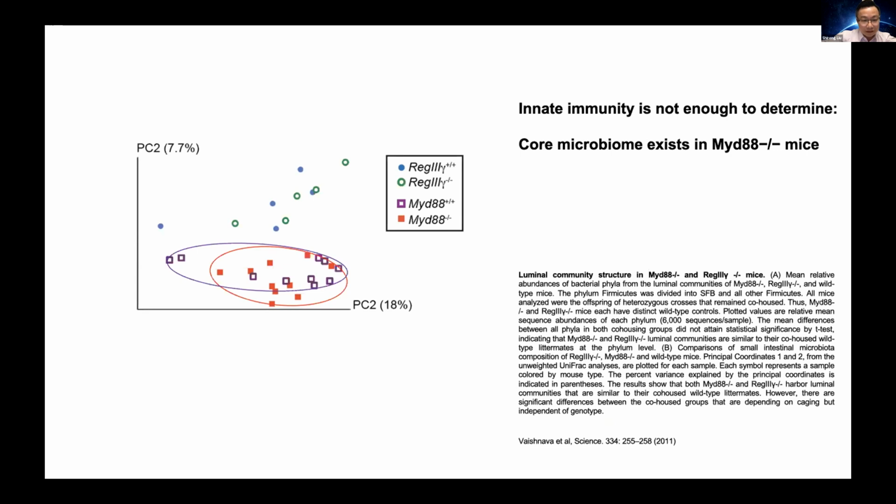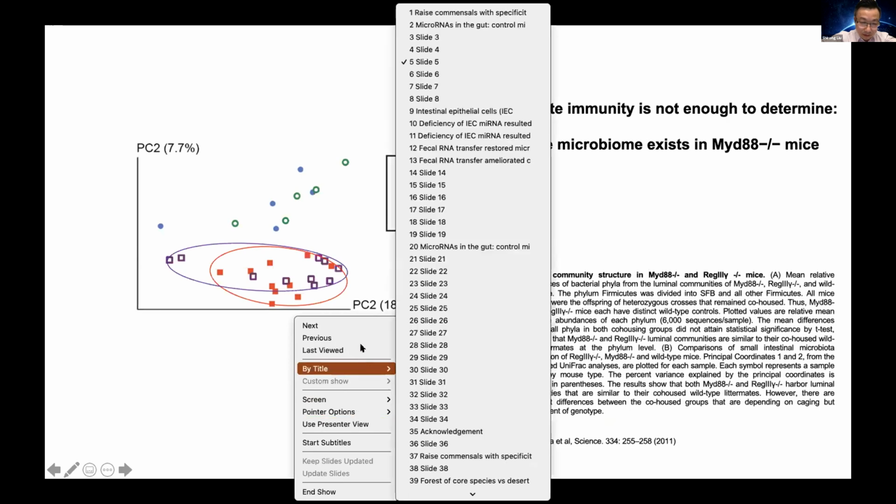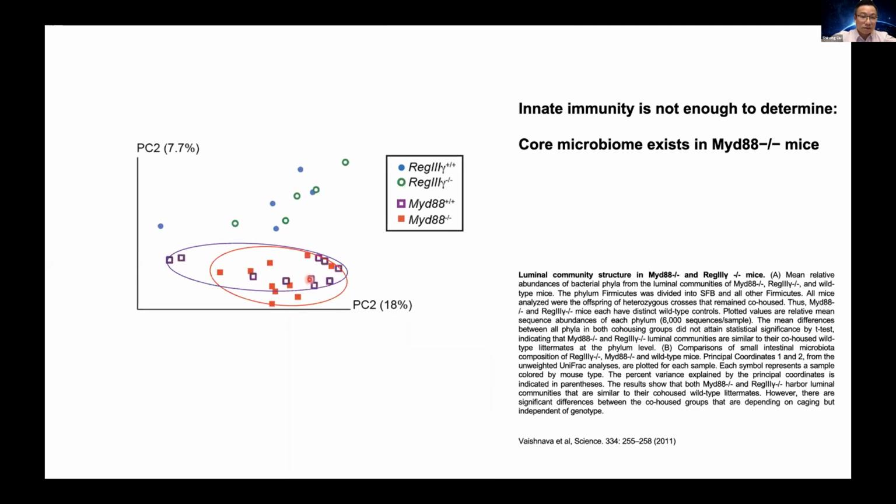Let me just put the laser pointer here. The purple ones are wild type and the red ones are MyD88 knockout mice, and you still find that they cluster to each other.